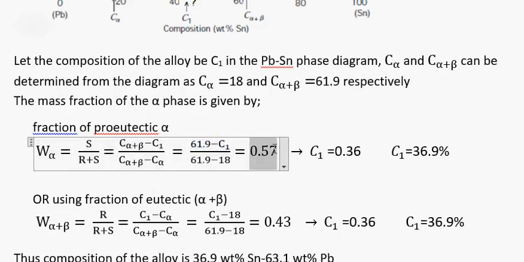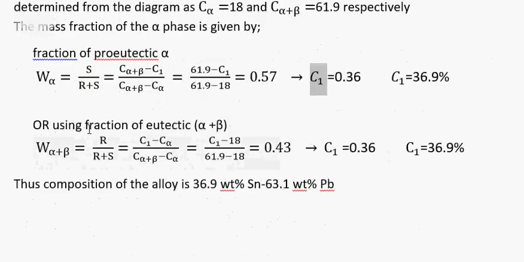We are already given the fraction, and then we can find C1 by making it the subject of the formula of this equation. Similarly, we can use the other way around using the eutectic mixture, which is 4.43, to determine the composition of the alloy. So the composition of the alloy is given as 36.98% by weight tin and 63.1% by weight lead.